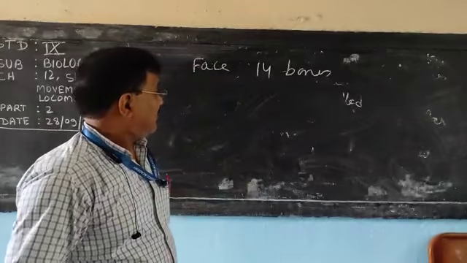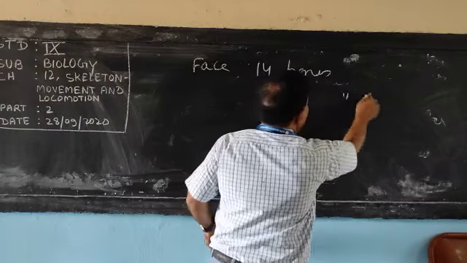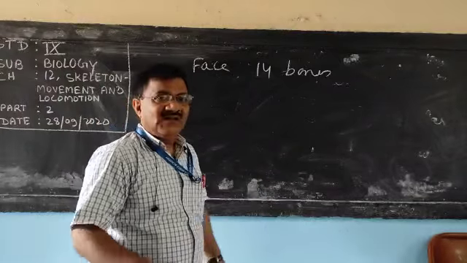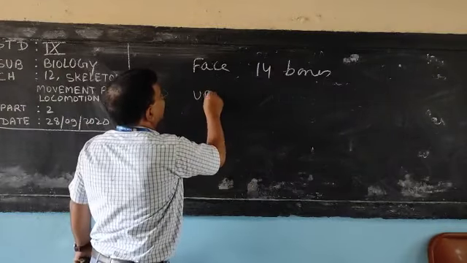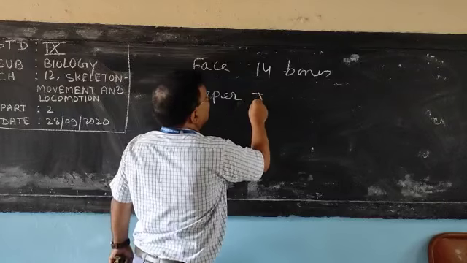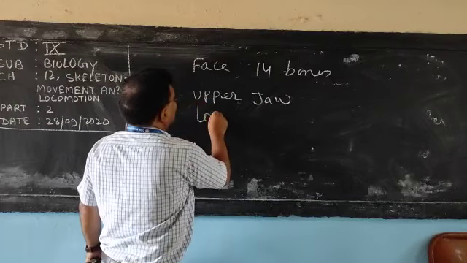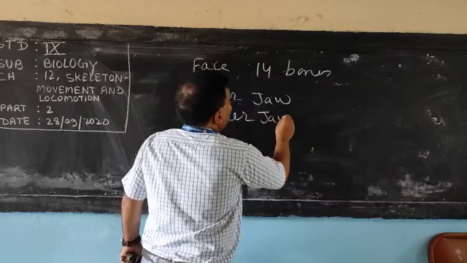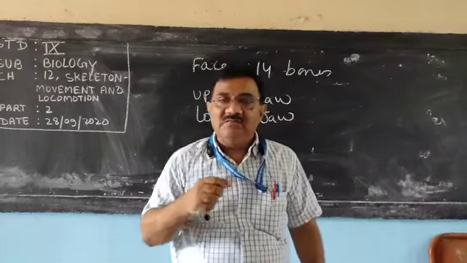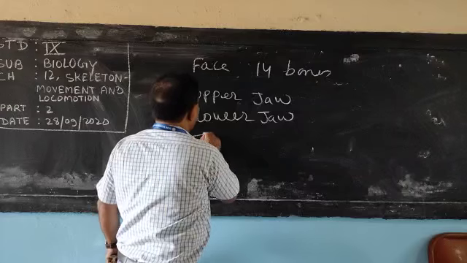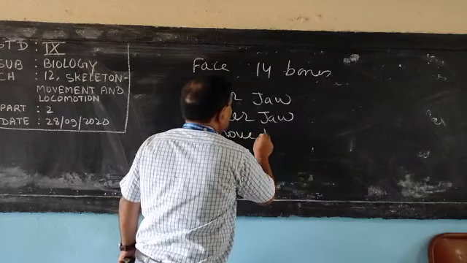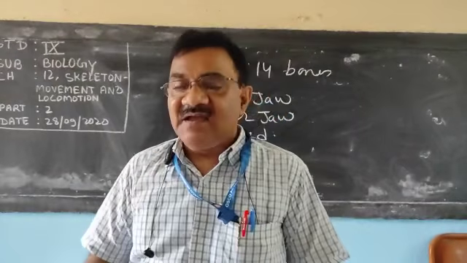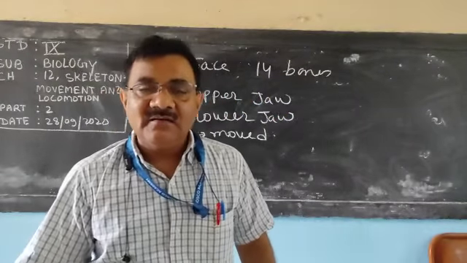It is very important to know that out of these 14 bones, the upper jaw and the lower jaw are there. The lower jaw can be moved, and due to the movement of the lower jaw only, I am able to speak and you are able to eat.